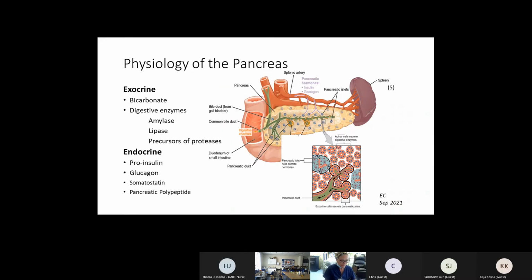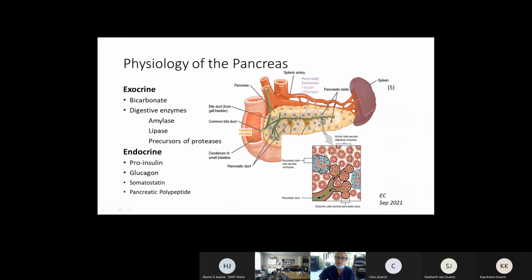Now, let's do a quick revision on the physiology of the pancreas. So we all know that there's an exocrine function and an endocrine function. The exocrine function is produced by the acini, and as we said before, it drains to the ductal system here.